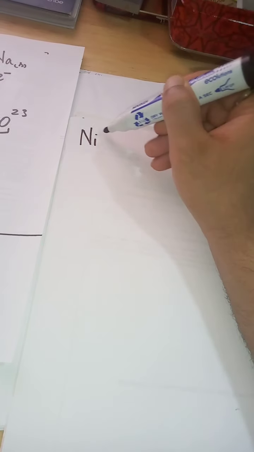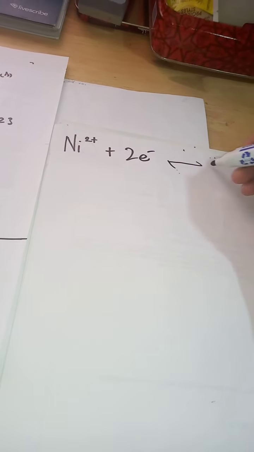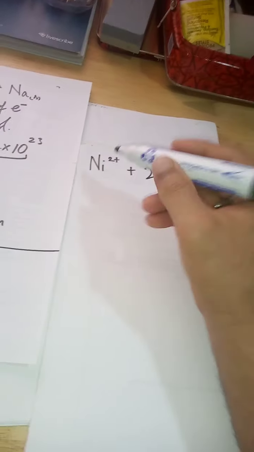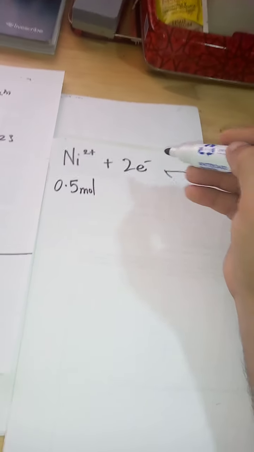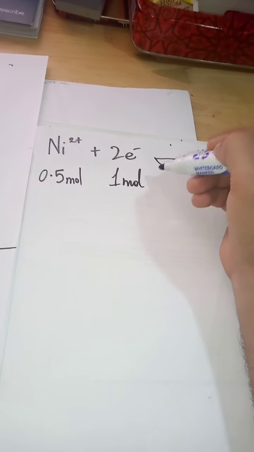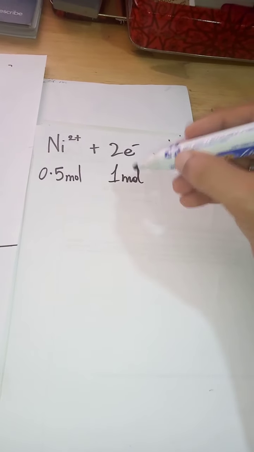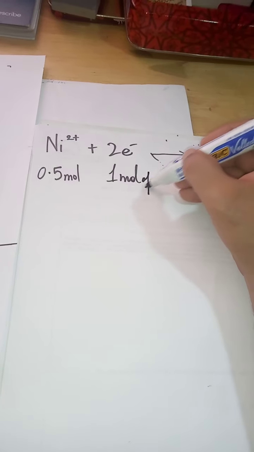And if we had nickel, that is also divalent and requires 2 moles of electrons. So if you had half a mole of nickel, which is quite a lot, we would require 1 mole of electrons, exactly Avogadro number of electrons, 6.02 times 10 to the power 23 electrons, to satisfy it into a nascent metallic state.